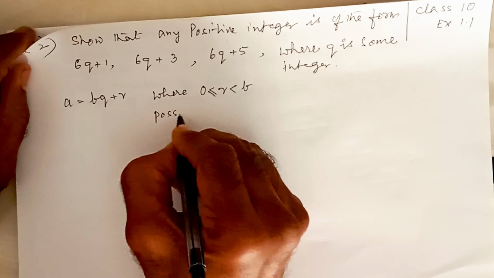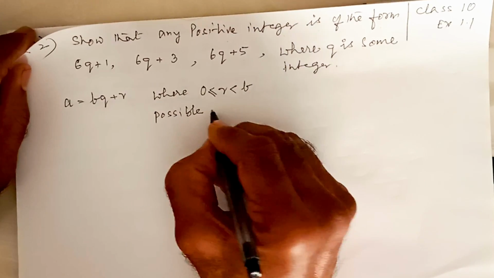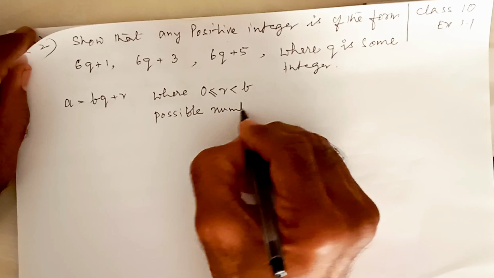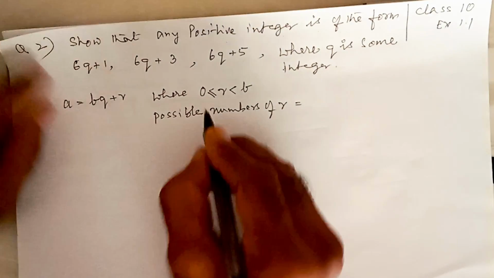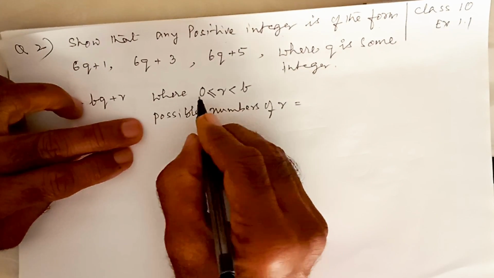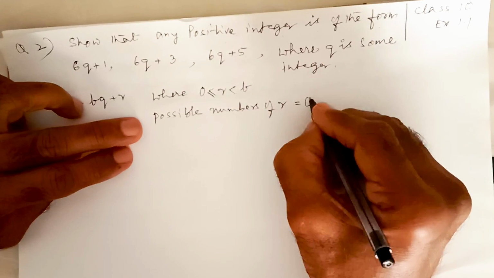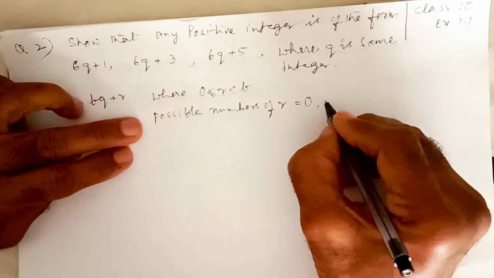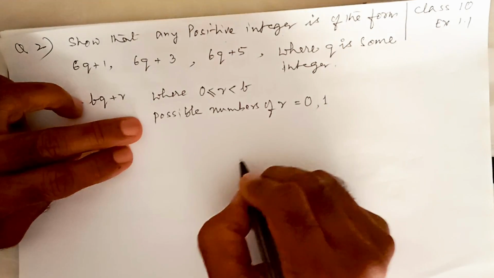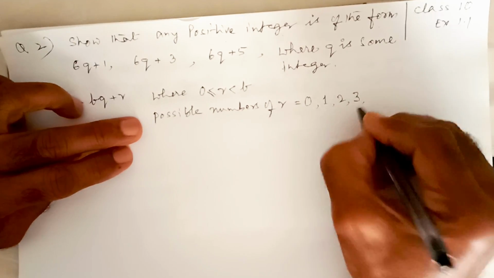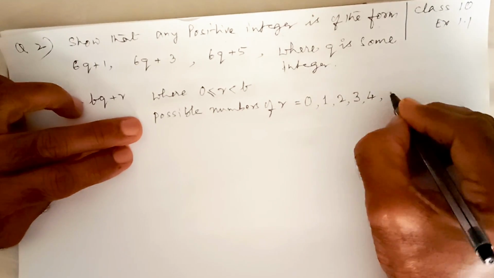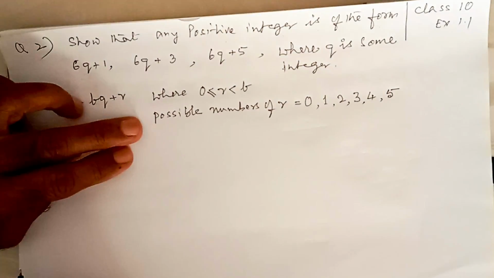Now, what are the possible numbers of r? As you know, we said it is equal to or greater than 0. So it can be 0, it can be 1, it can be 2, it can be 3, it can be 4, and it can be 5.